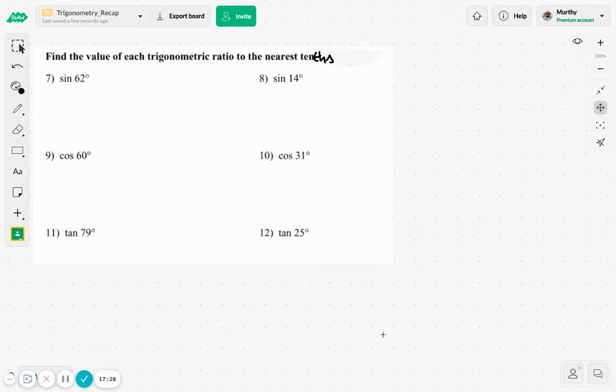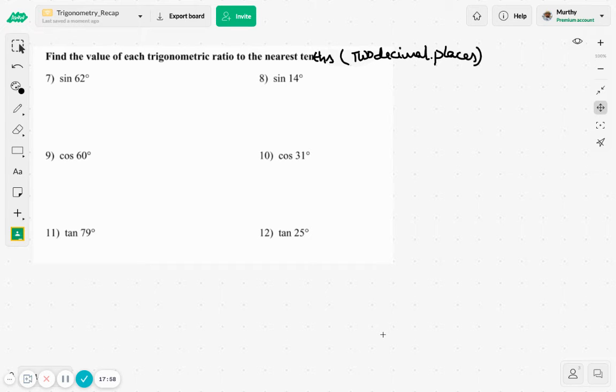Okay. There are 6 questions here. Find the value of each trigonometric ratio to the nearest tenth. If you want a more precise value, I suggest that tenths means after the decimal just one digit, but I suggest you take at least 2 decimal places.